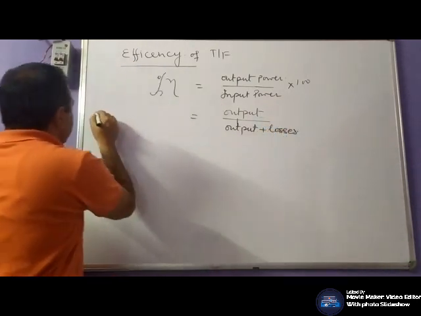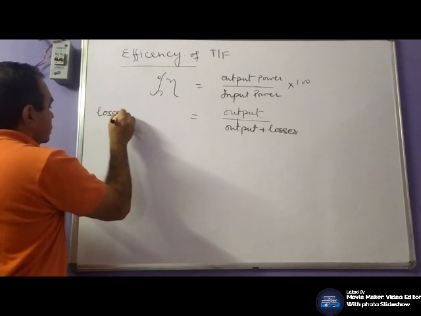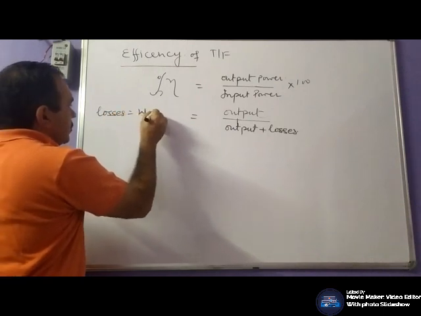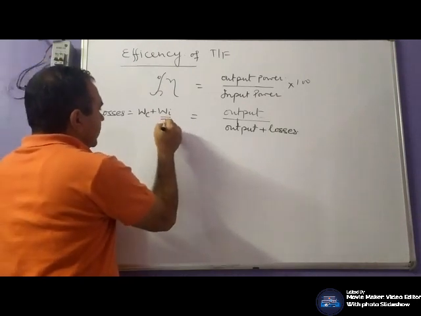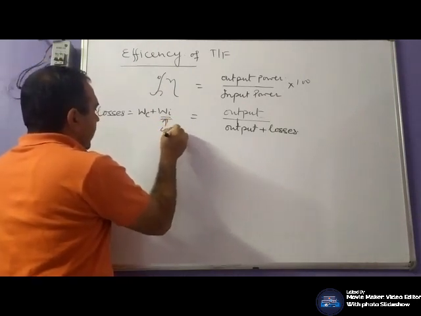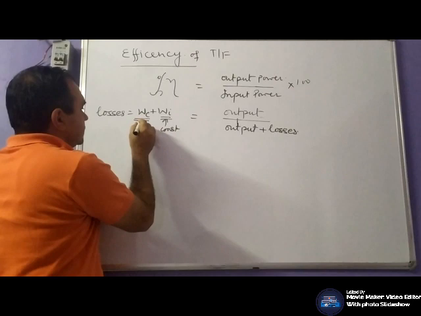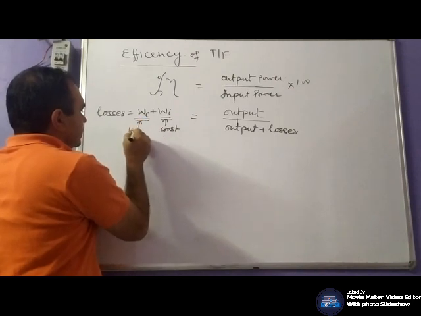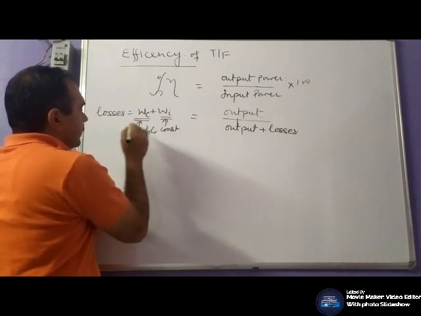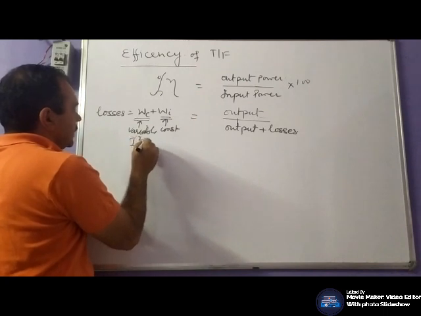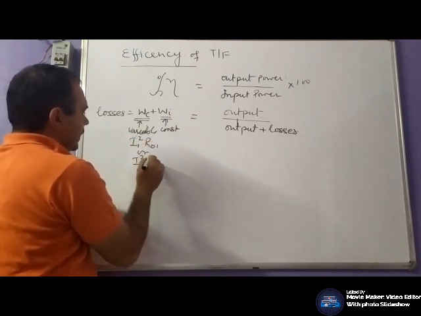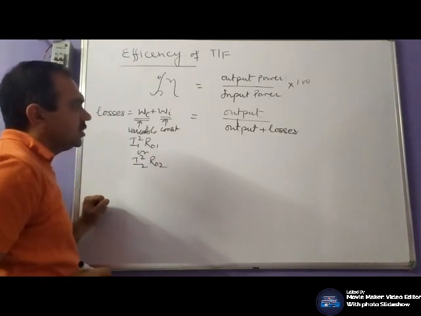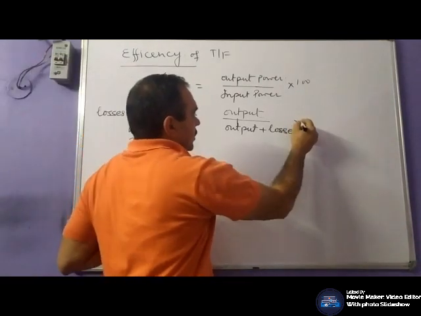Losses are your copper losses and iron losses. Iron losses are constant and copper losses are variable losses. They are dependent upon current: I1 square R naught 1 or I2 square R naught 2, into 100.